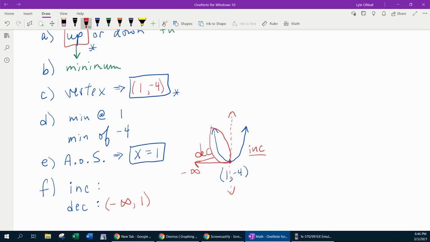And then at 1, once I pass 1, it's going to increase forever to infinity. So the increasing would be from 1 to infinity. Now, do you see that those have to be from left to right? From negative infinity up to 1 is decreasing, and then from 1 to infinity is increasing. And that takes care of that concept.